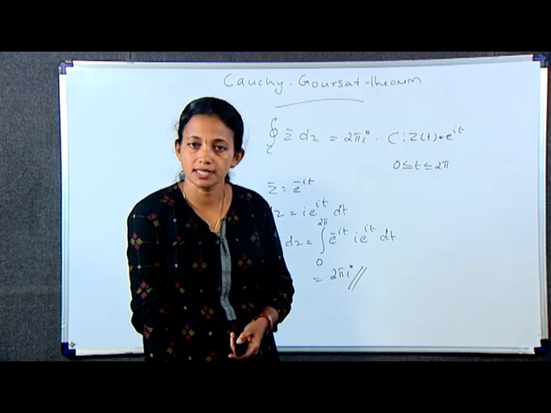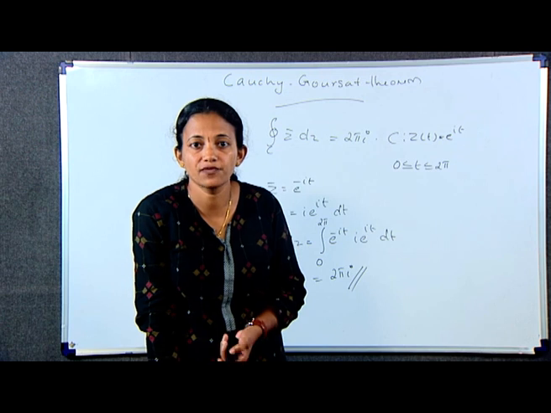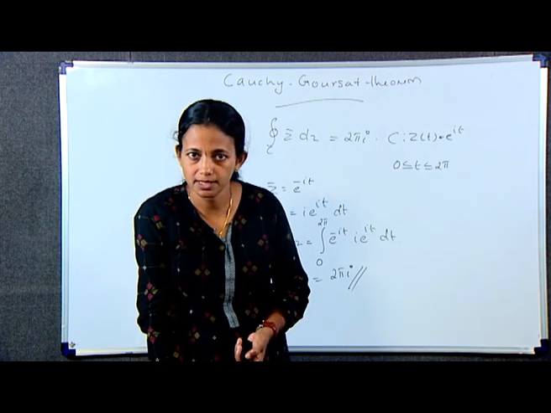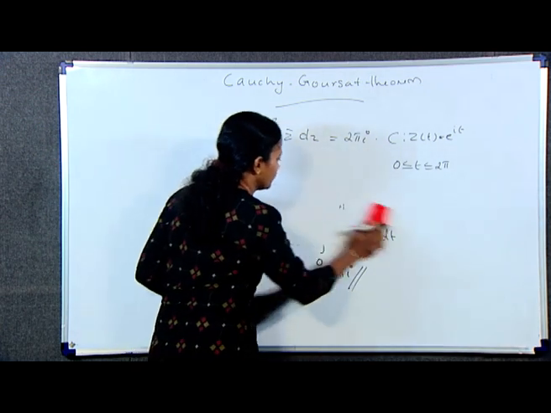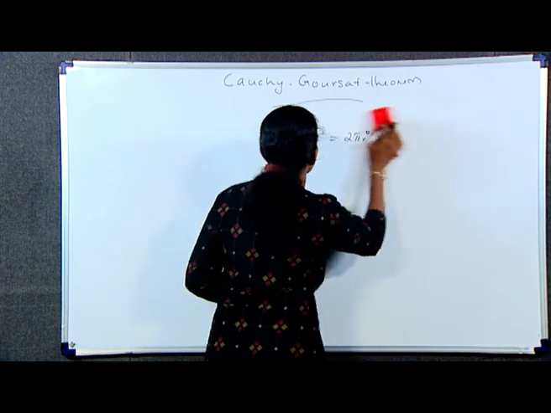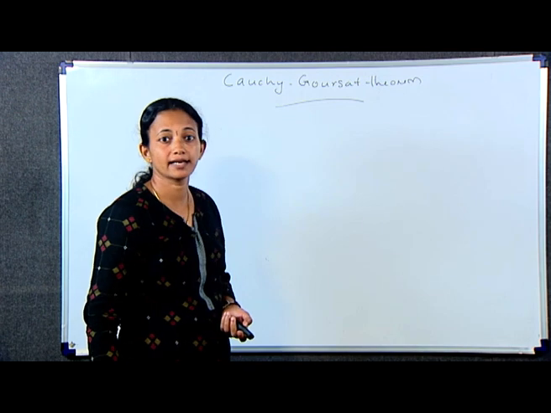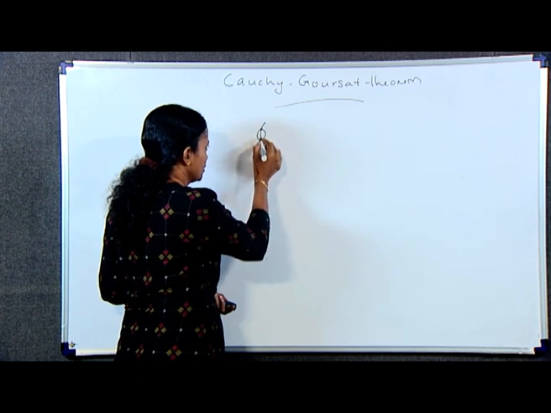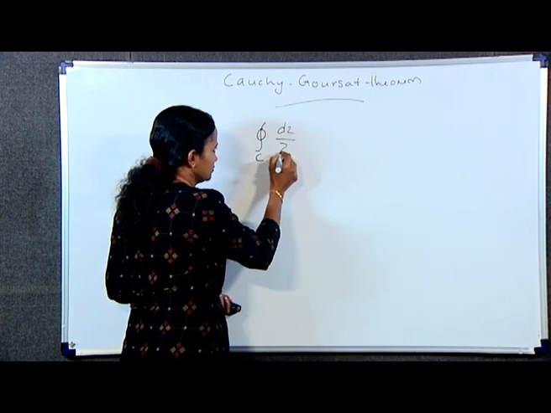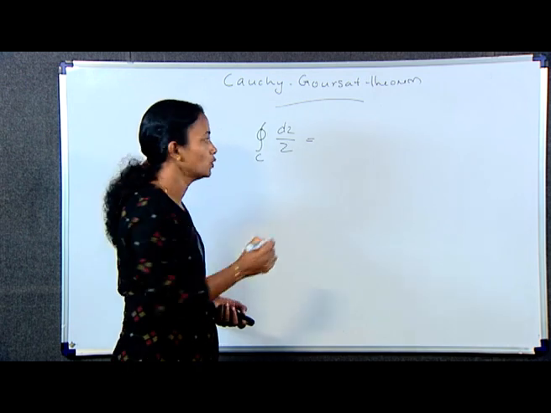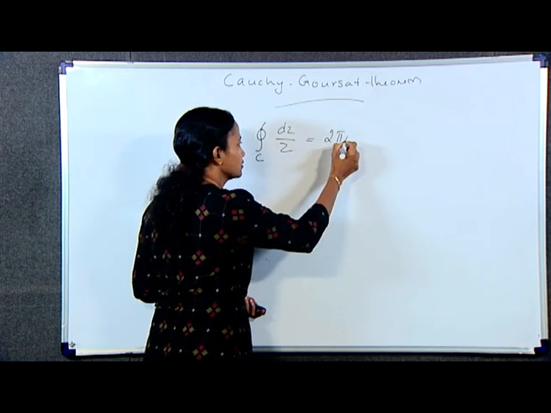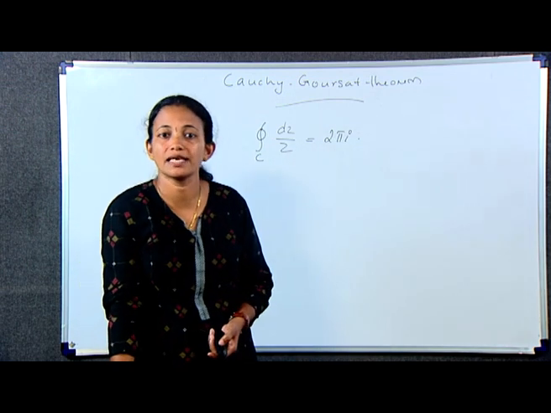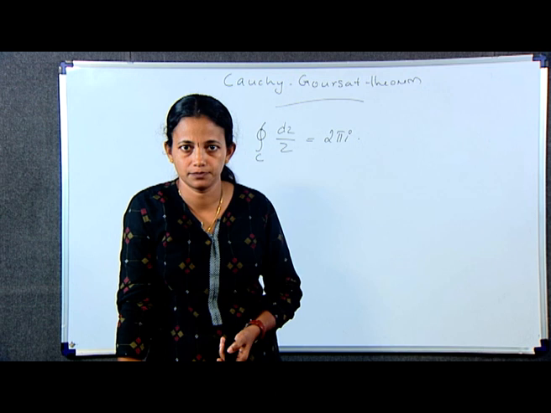Next example says that a non-analytic function need not satisfy Cauchy's theorem. That is, we have to show that integral over C of dz by z is equal to 2 pi i, where C is of course z(t) is equal to e raised to i t, the unit circle.